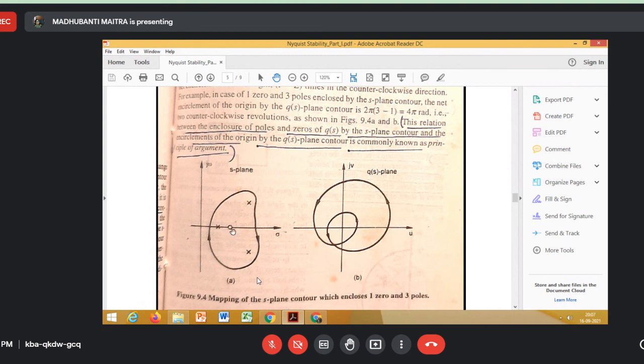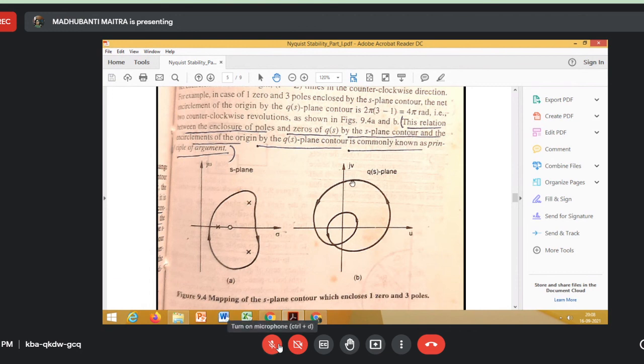For the zero, the net change in angle will be minus 2 pi, and for these three poles, the net change in angle of QS will be 3 into plus 2 pi. That means 6 pi minus 2 pi, which is equal to 4 pi.